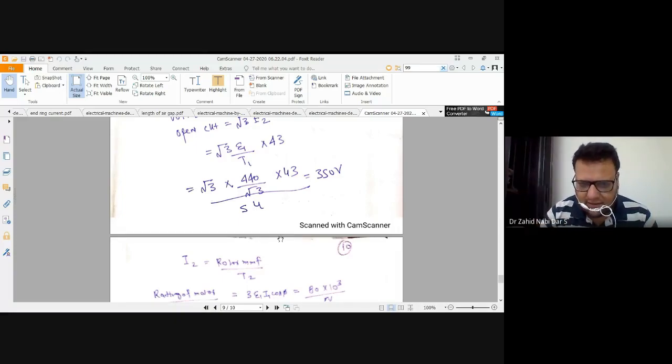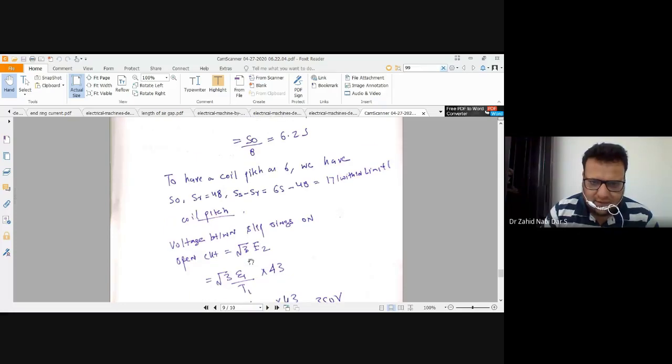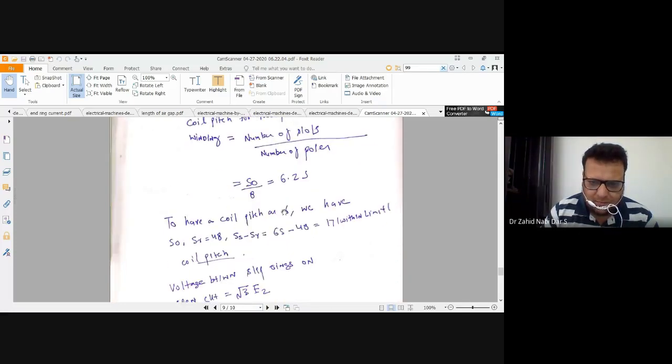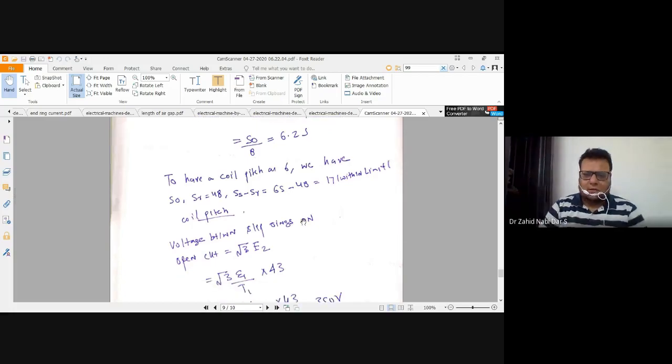That's why we are designing it in such a manner. One more thing you have seen is to have a coil span pitch as 6. Now if we want a coil pitch as 6 here, we have SR equal to 48 and SS minus SR is 17, within limit. Within limit means we can take this. This is the main point here.